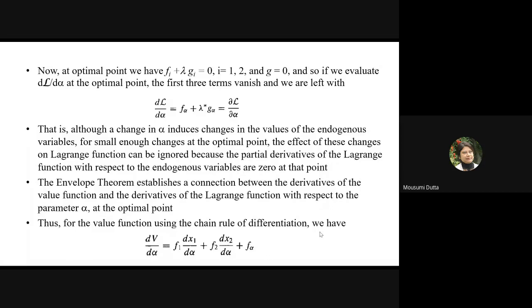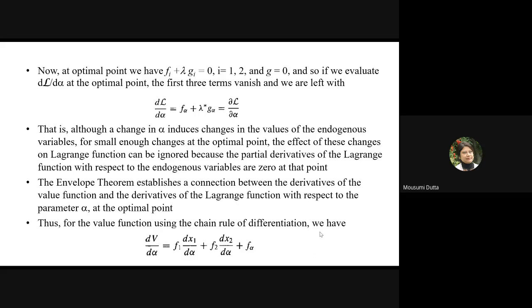For small enough changes at the optimum point, the effect of these changes on the Lagrangian function can be ignored because the partial derivatives of the Lagrange function with respect to endogenous variables are 0 at that point.